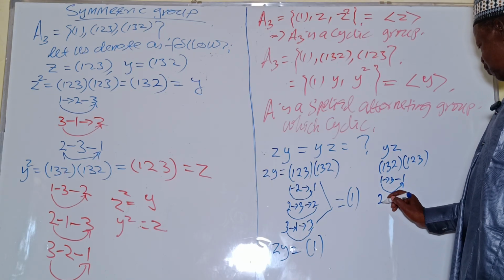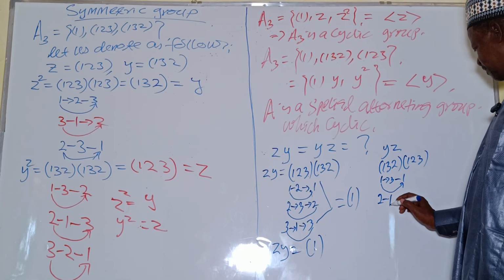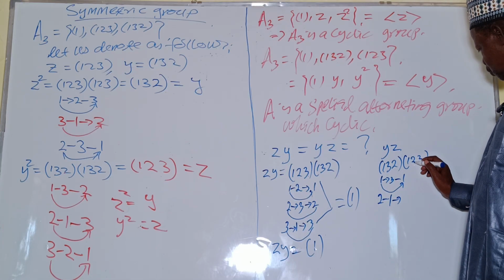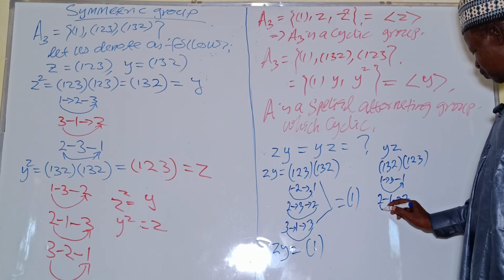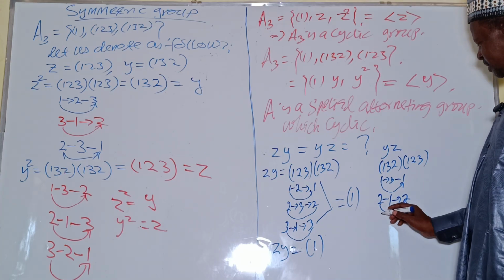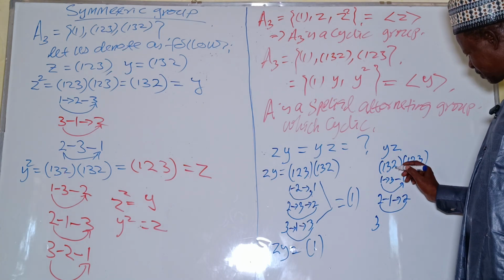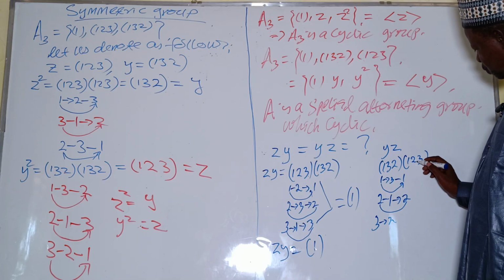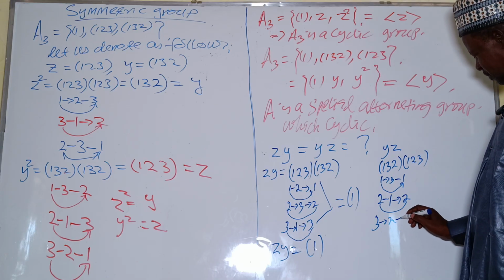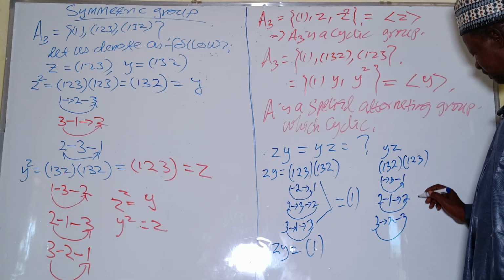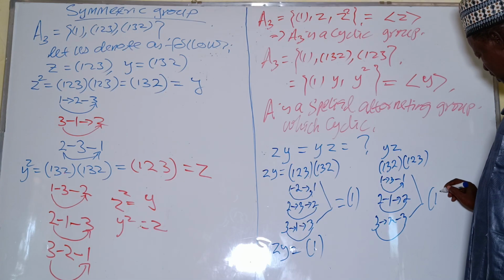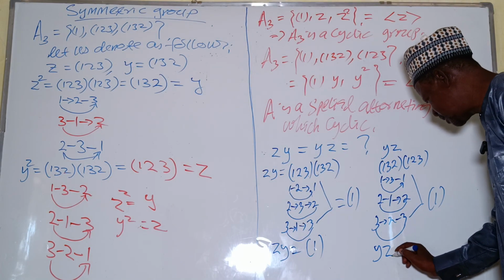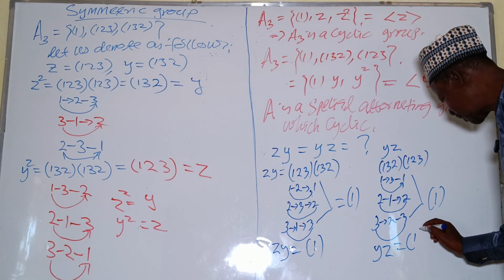Take 2. 2 is mapped to 1 in the first cycle, and 1 is mapped to 2 in the second cycle, so 2 is also fixed. Take 3. 3 is mapped to 2 in the first cycle, and 2 is mapped to 3 in the second cycle. That means 3 is also fixed. So YZ is also an identity element.